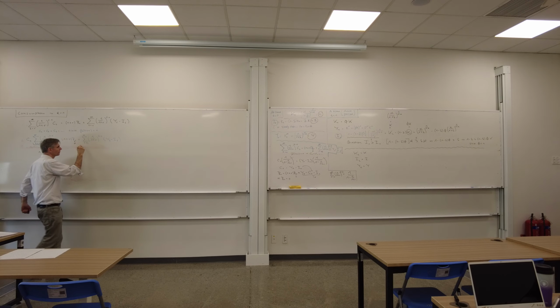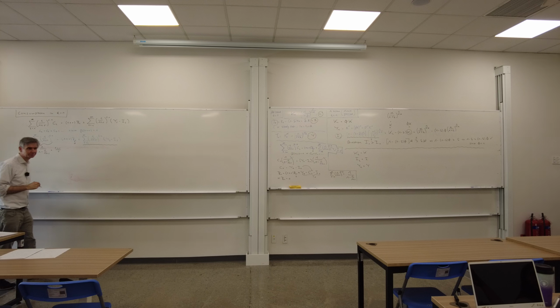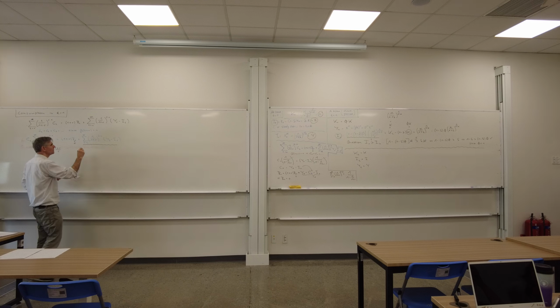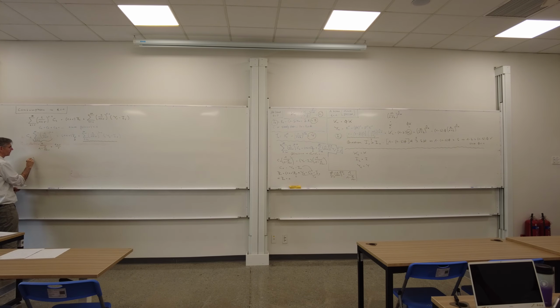Now, here's the complicated thing. Why? Well, because this is not constant over time. This is lower. So let me rewrite that. This is 1 plus R over R times C1 equals.